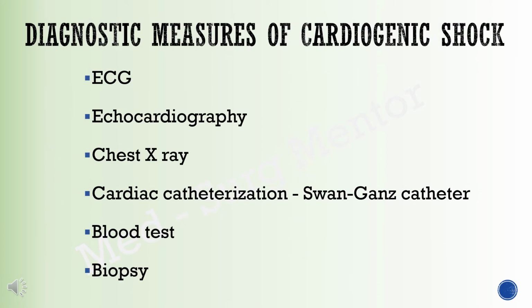Common diagnostic measures of cardiogenic shock are electrocardiography, echocardiography, chest X-ray, cardiac catheterization using Swan-Ganz catheter, blood test, and biopsy.